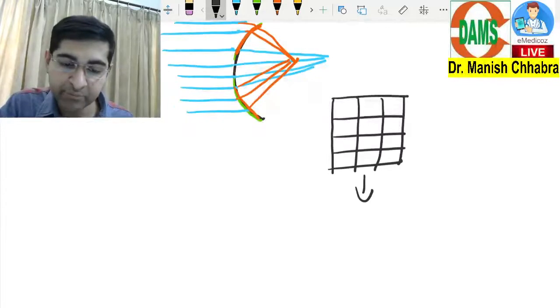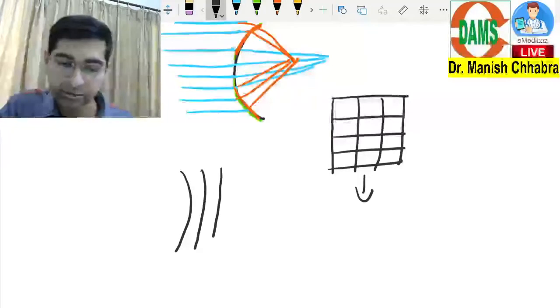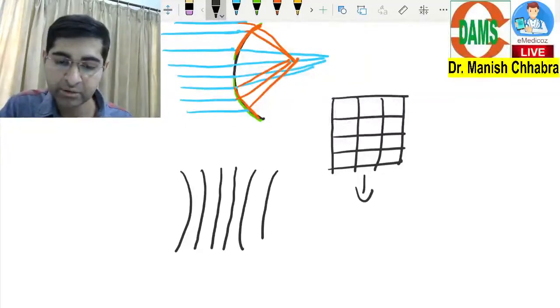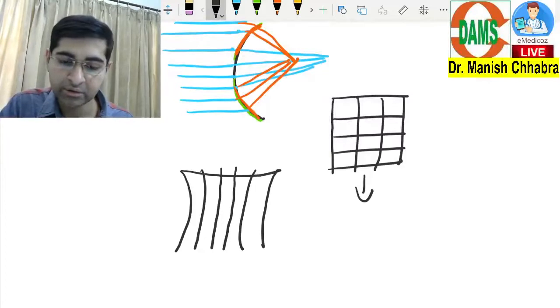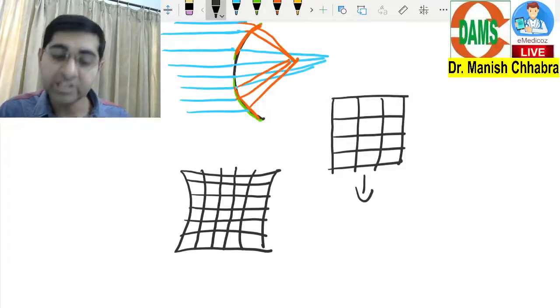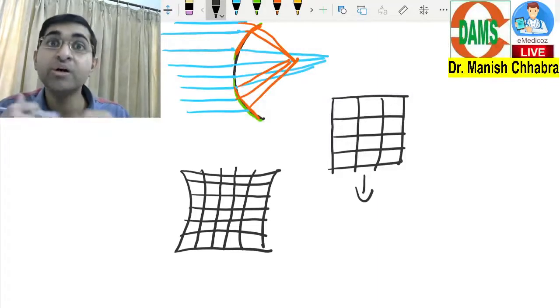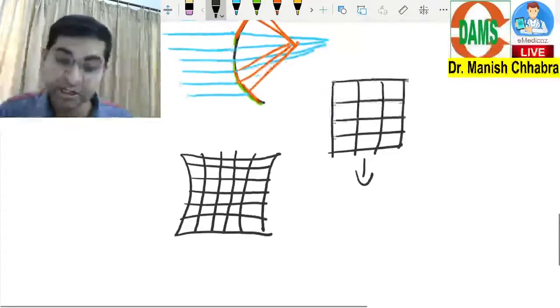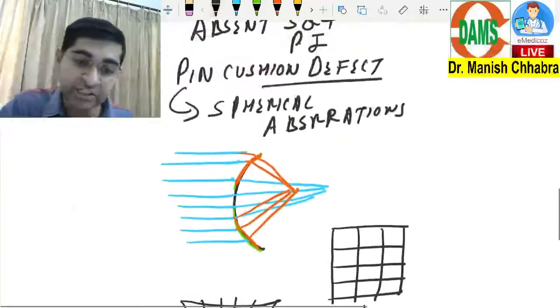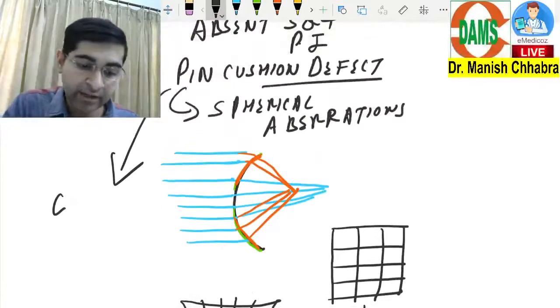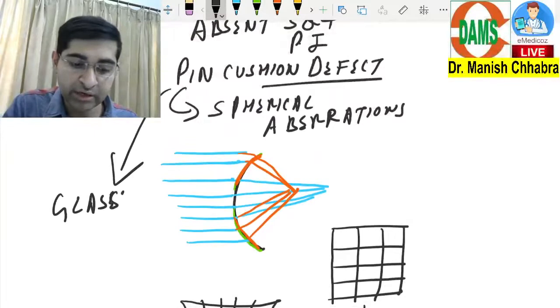It will be something like this. Do you understand? So centrally like this. So this is pincushion defect and it is due to spherical aberration, and this defect is seen when the patient wears glasses.